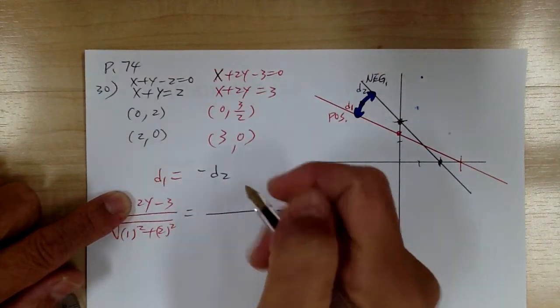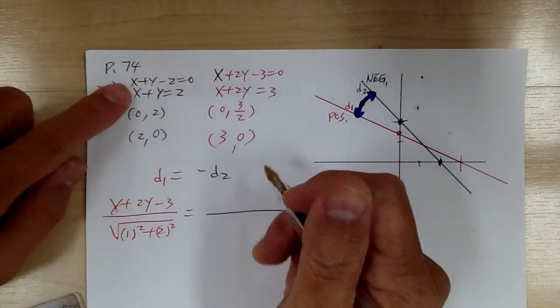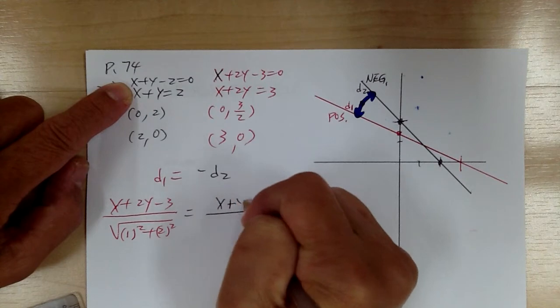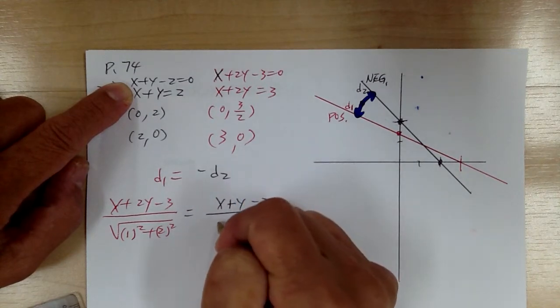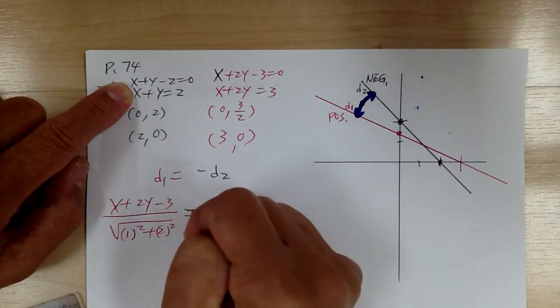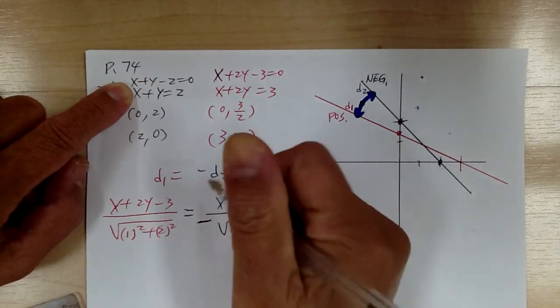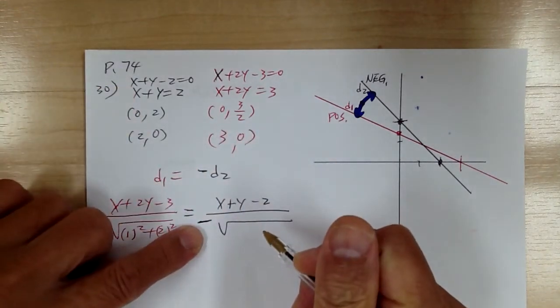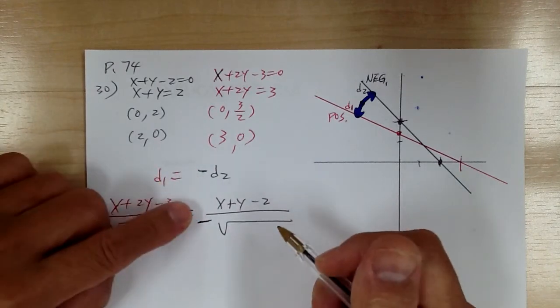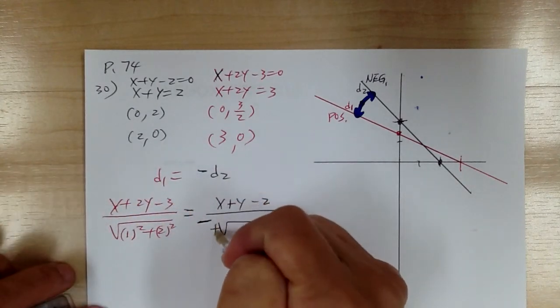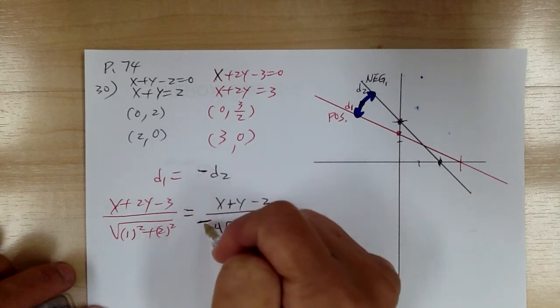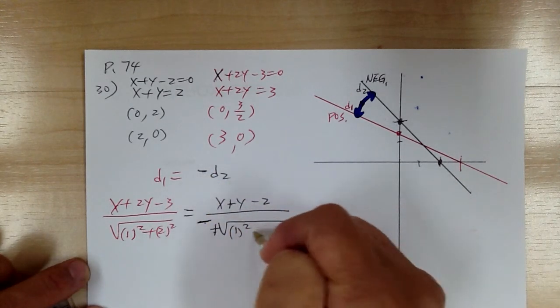This is equal to, this line over here would be x plus y minus 2 on the bottom. And there's a negative right over here. I'm going to put it down here. So be careful with your negative. So again, you have to keep track of everything.